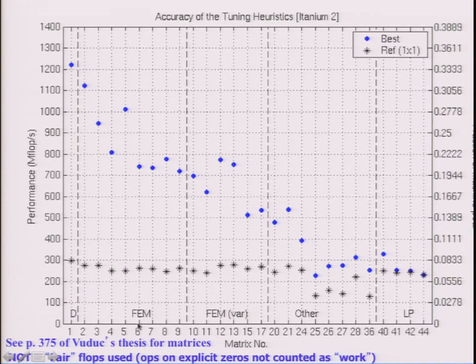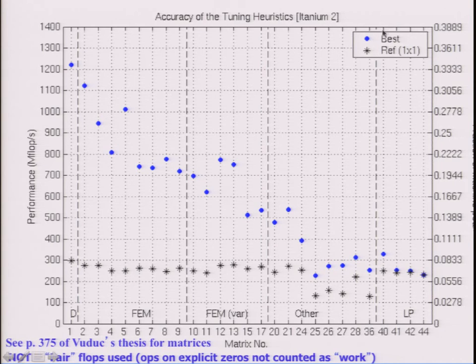The next bunch of matrices are finite element matrices, where there's a single block size, like 8 by 8 or 6 by 6. The next bunch are finite element matrices again, but now they have multiple block sizes because that's a common feature in finite element problems. You have two different materials, different block sizes. Then a bunch of other ones that are hard to categorize. And then there are a few long, skinny LP, linear programming problems that come out of, I think, economic modeling.